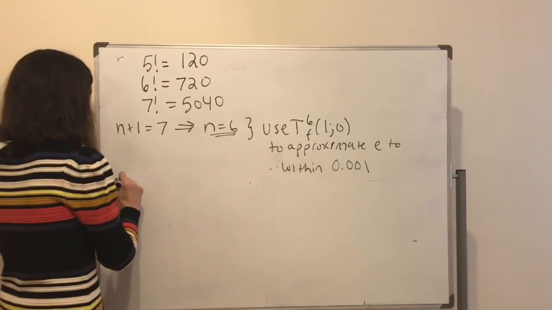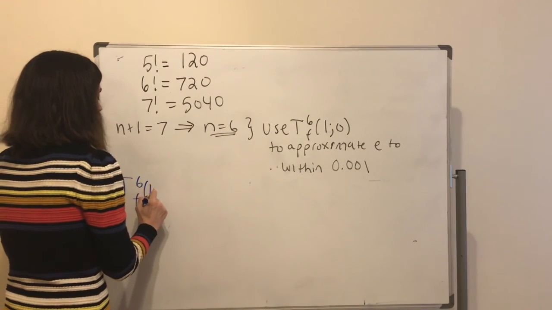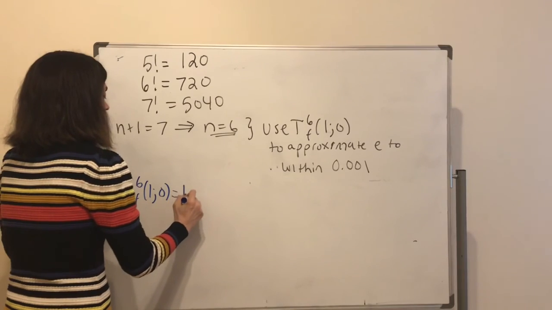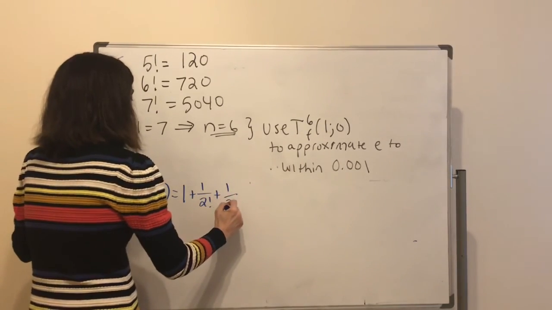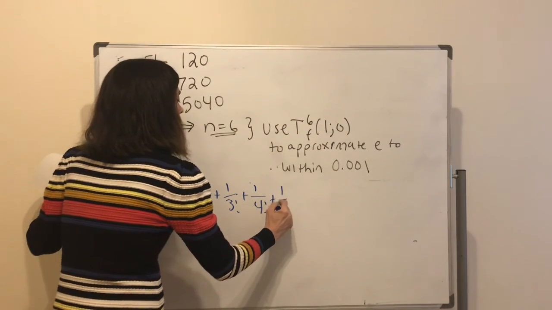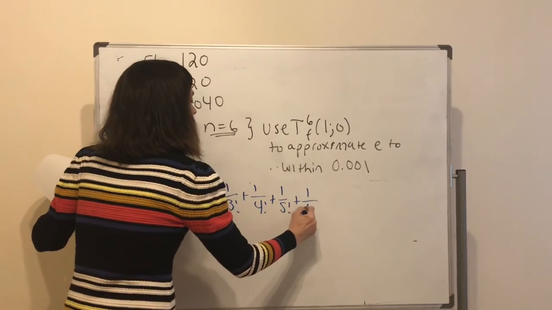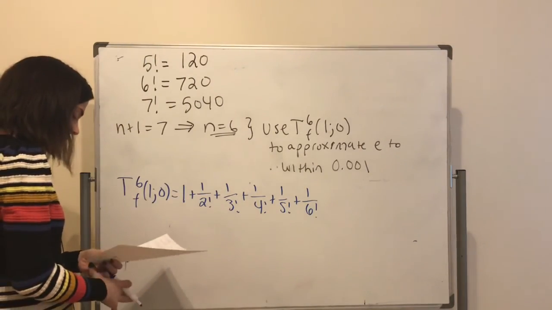Okay, so this will be 1 plus 1 over 2 factorial plus 1 over 3 factorial plus 1 over 4 factorial plus 1 over 5 factorial plus 1 over 6 factorial. Now this part I will type in my calculator.